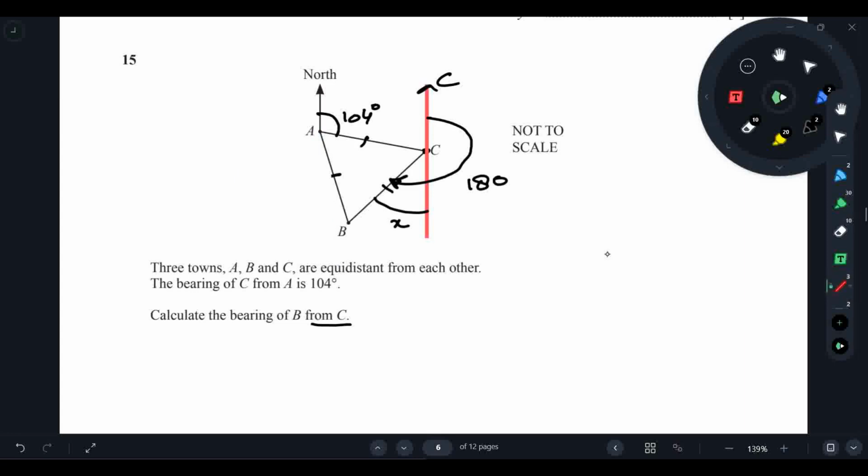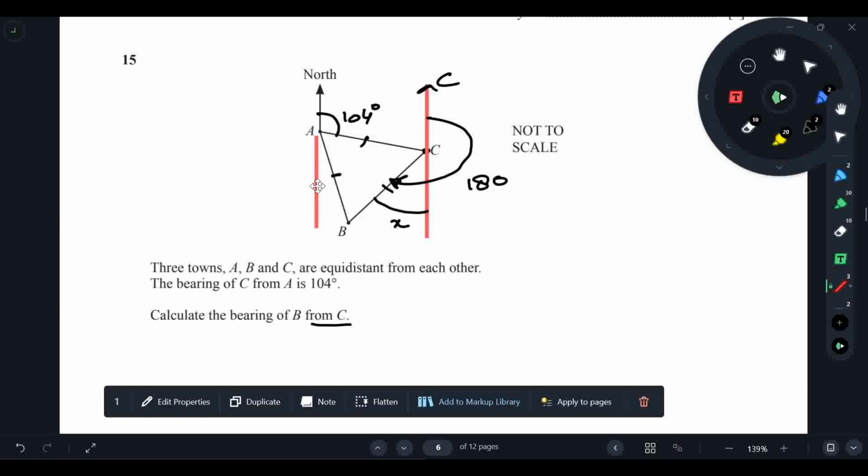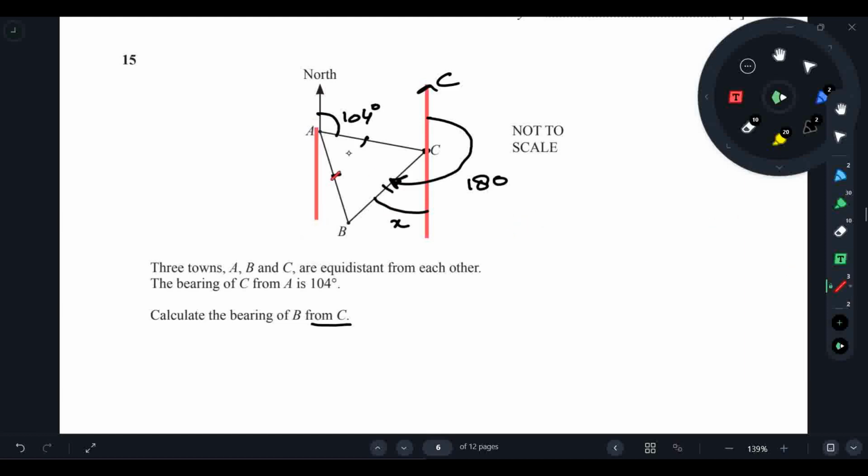Now we need to find out this angle. We know that this angle will be 60 because it is an equilateral triangle, and this angle will be 180 minus 104 minus 60. Let's say this one is y.